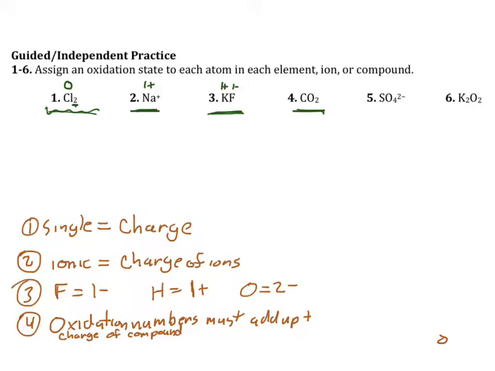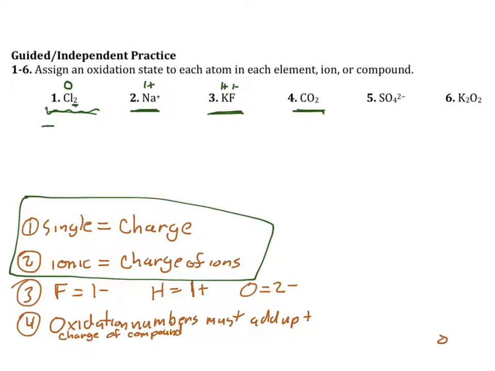So these first 2 rules are really easy. Elements alone by themselves, the oxidation number is equal to the charge. If it's an ionic compound such as this, the charge that the elements make is going to be the oxidation number.